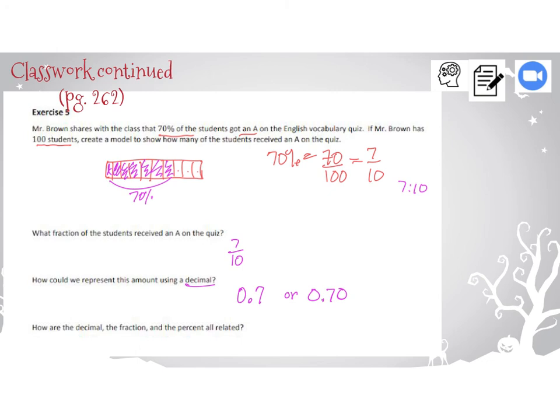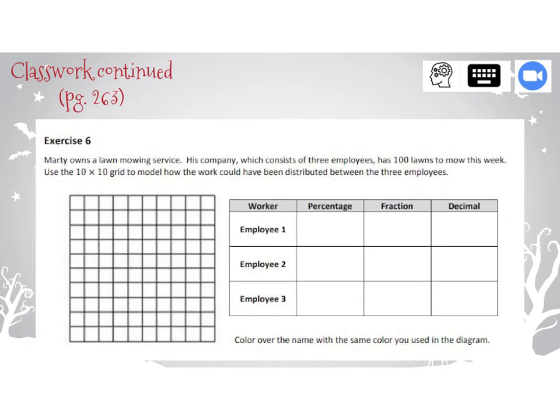So 7/10 or 70 hundredths. How are the decimal and the fraction and the percent all related? They all show 70 out of 100. All of them. Okay, let's go to exercise 6.